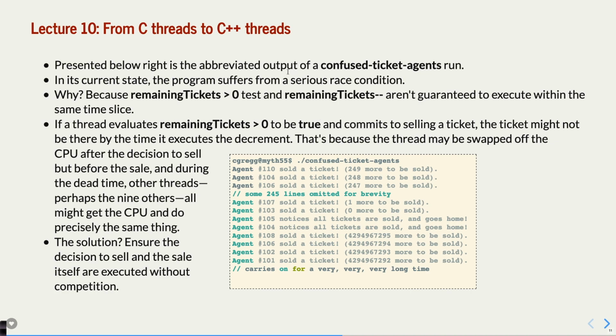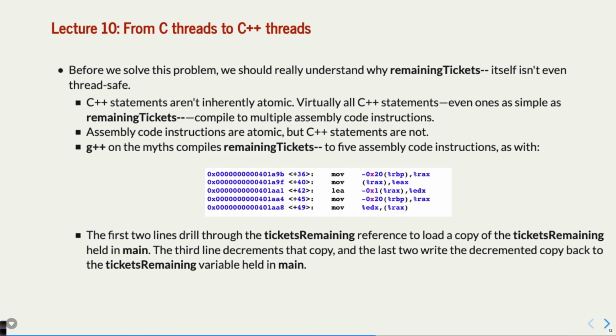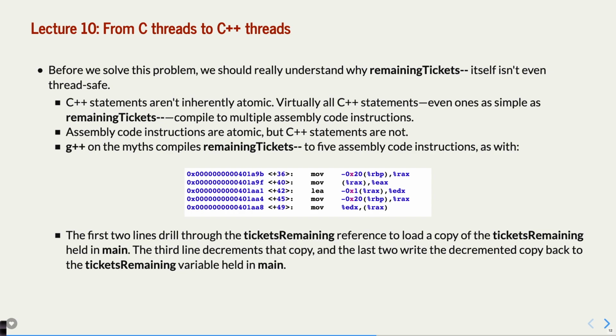Even remaining tickets minus minus itself is not necessarily atomic. A C++ statement is atomic in that it runs on its own. But remember, what does a C++ statement do? All you people who took 107 would know that it gets translated into possibly a whole bunch of assembly code instructions, each one of which is more or less atomic, but together they certainly are not atomic.